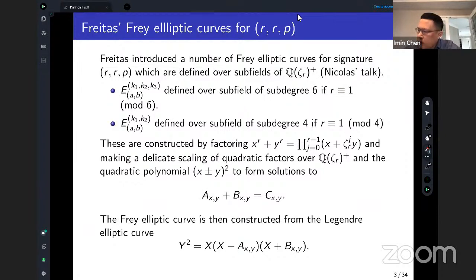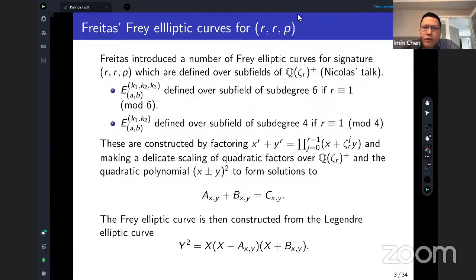I think Nicolas' talk already mentioned these curves. There are roughly two categories of Frey elliptic curves that he constructed. One class depends on 3 parameters and another class depends on 2 parameters.